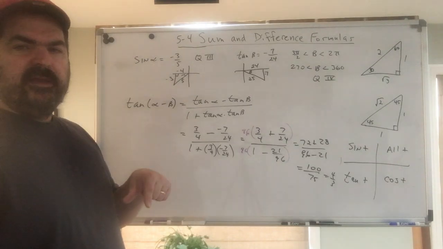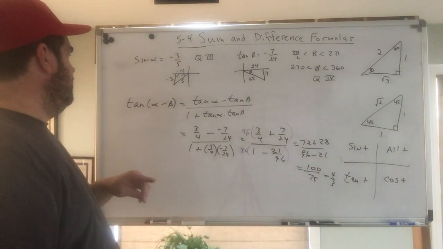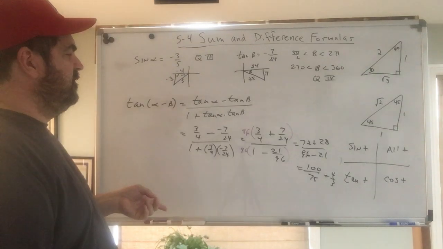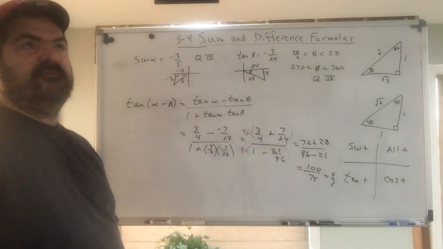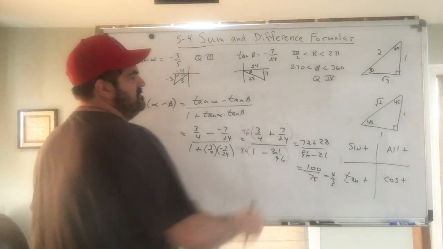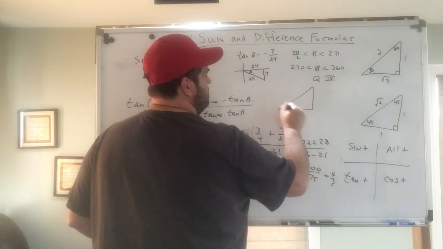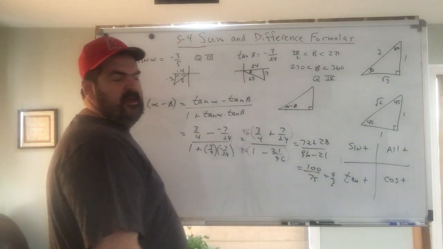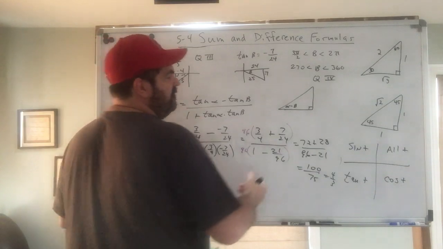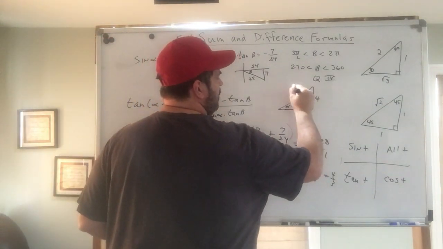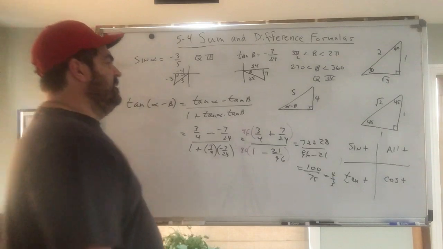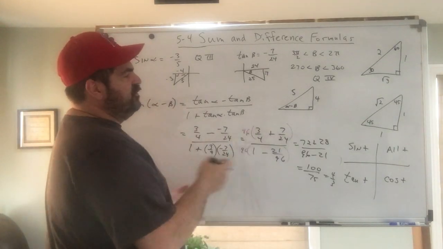Now, let's go back. We did sine of, I think it was sine of alpha minus beta first. And if we remember right, we got 4/5. But we got a negative 4/5. So that means we're not in quadrant 1.